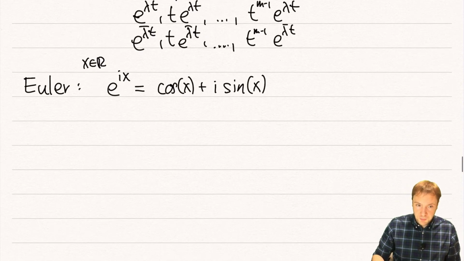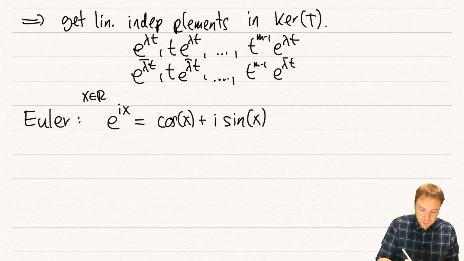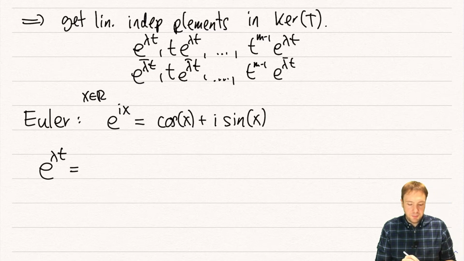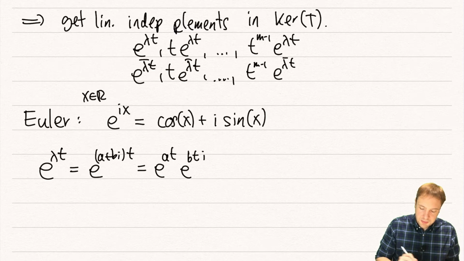And so therefore, if I now look at these functions here, what is e^(lambda t)? So lambda is a plus bi, so this is e^((a plus bi)t), and therefore this is e^(at) times e^(bti).